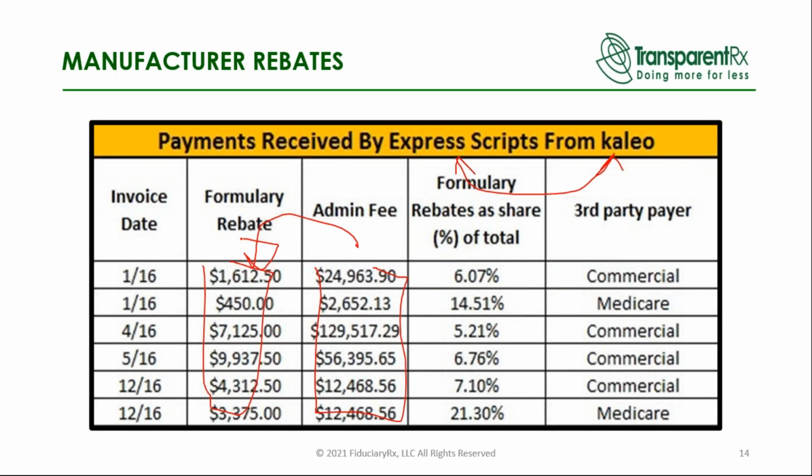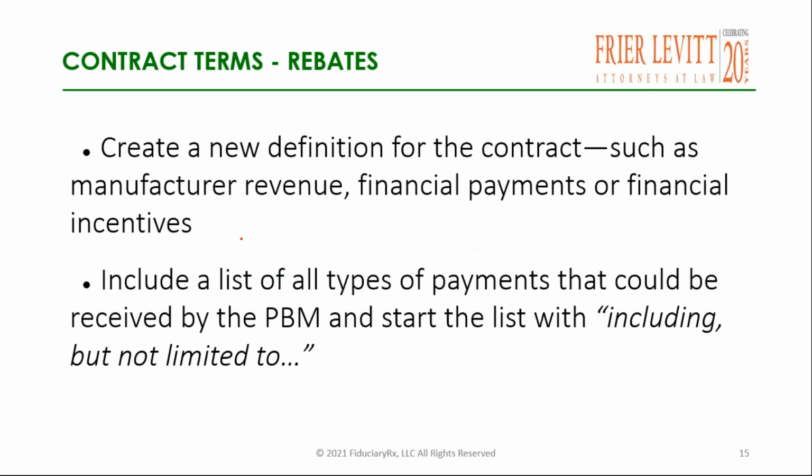And if it's not addressed in the contract, guess what? PBM's management fee. That's where it goes. Now, you may think that number to be insignificant. I can promise you it is not. We're going to talk about that here in a second.